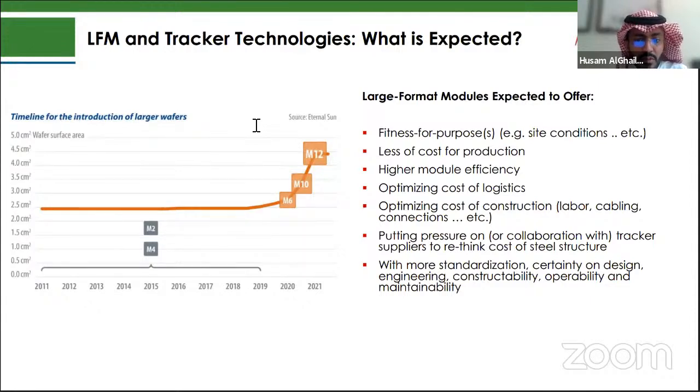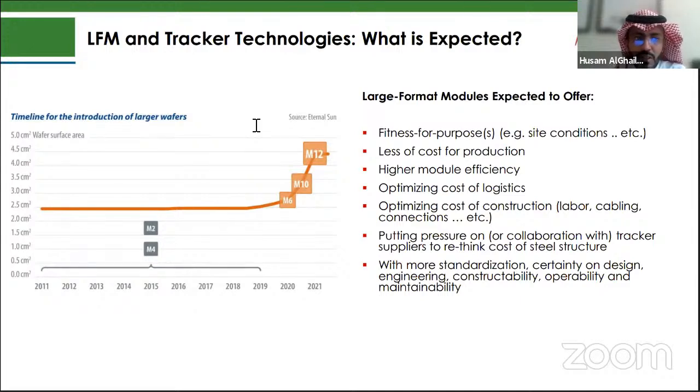The expectation is that this will bring higher module efficiency. It will also, as we have seen before, optimize the cost of logistics, if this also gets bundled with focus from the suppliers on how they ship those large modules to sites.